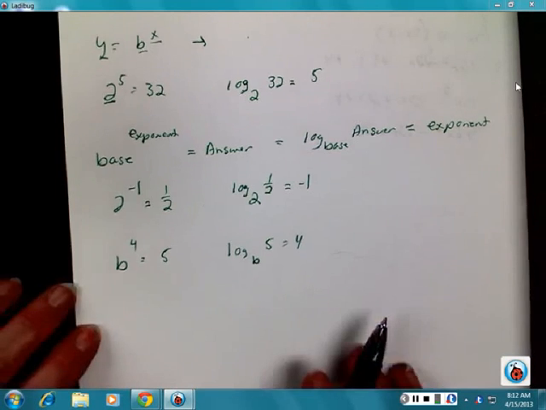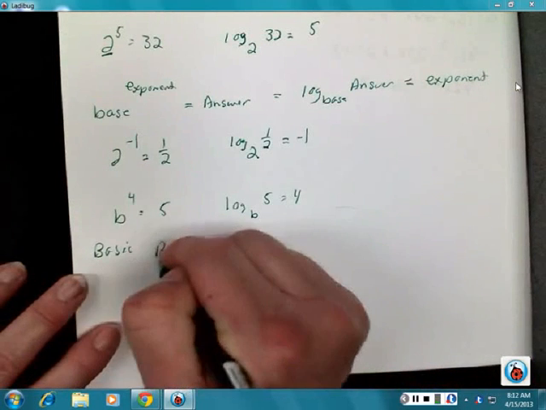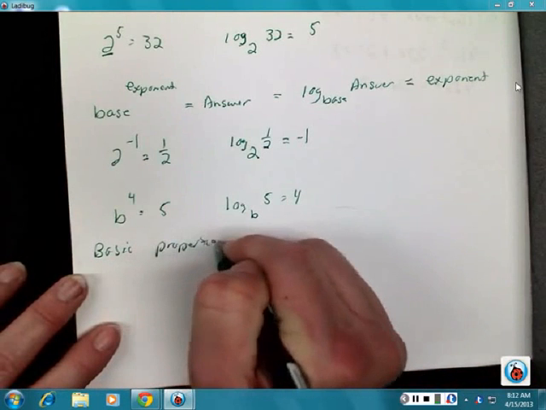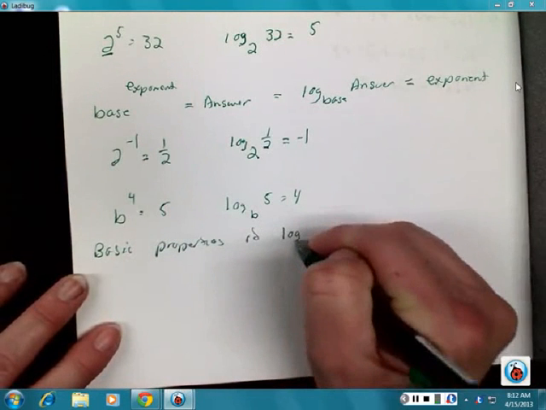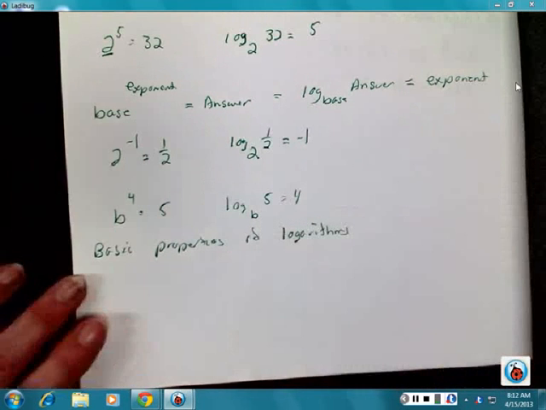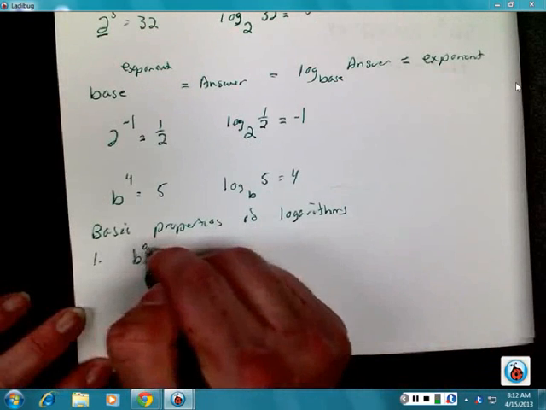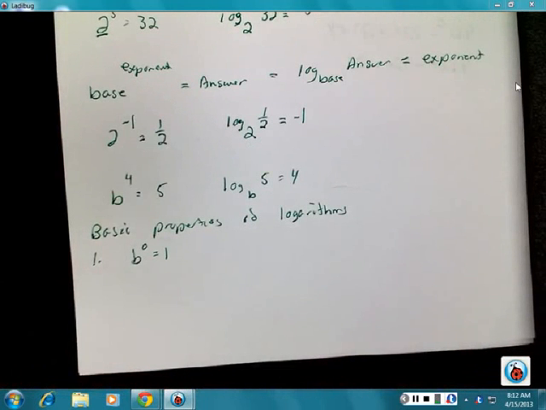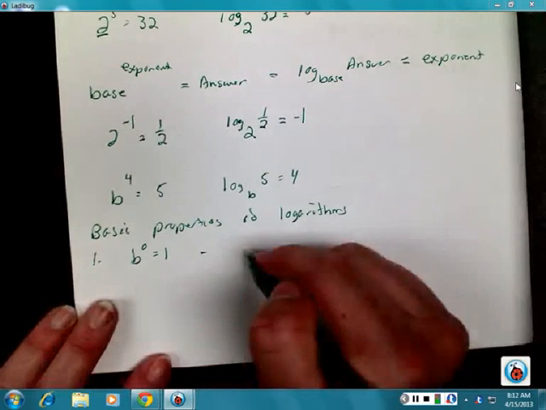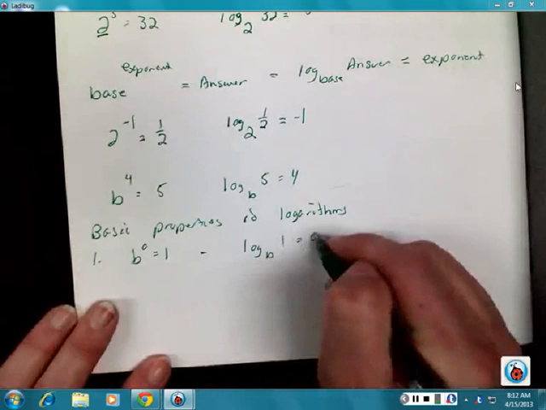There are some basic properties of logarithms. Number 1 is that b to the 0 is equal to 1, we all agree? Anything to a 0 power is equal to 1. The log of this is log base b of 1 is equal to 0.